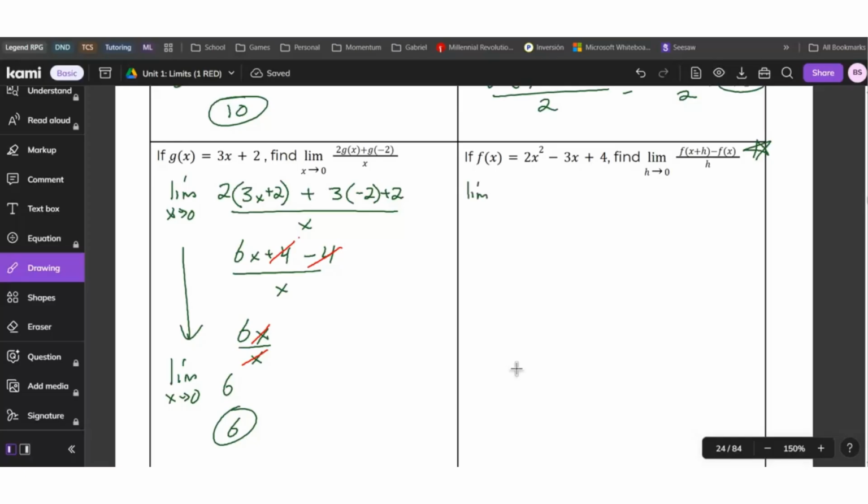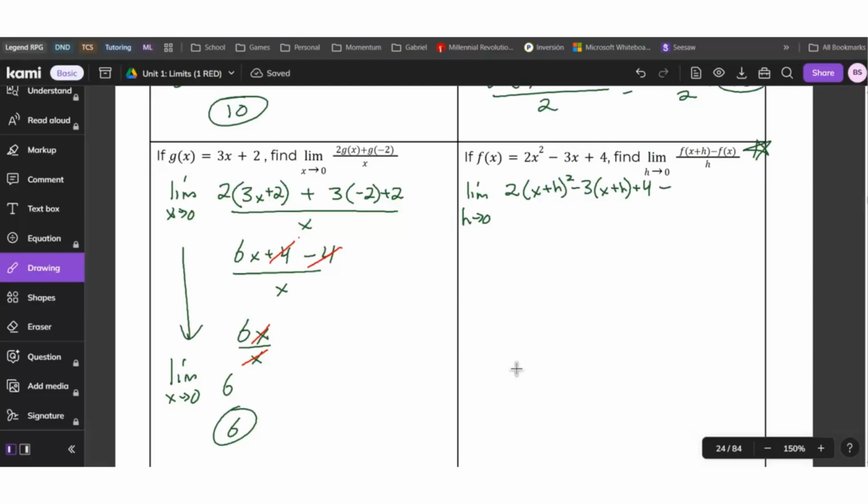So we're going to take the limit as h approaches 0 of f of x plus h, which means I need to replace all these x's here with x plus h. So 2 times x plus h squared minus 3 times x plus h plus 4. Then I'm going to subtract the entire f of x.